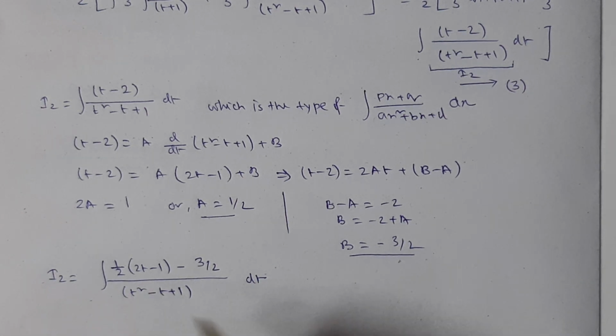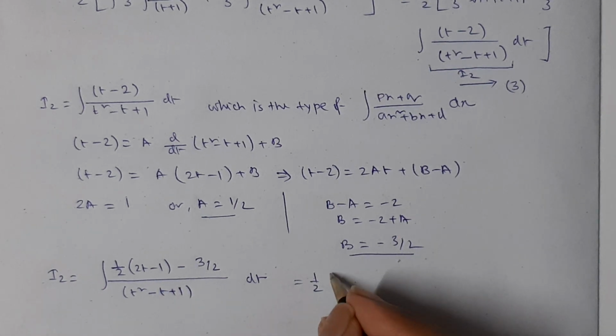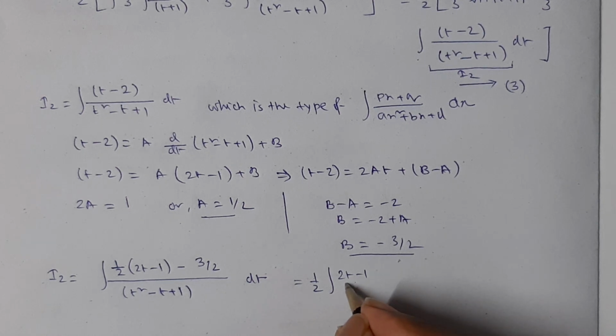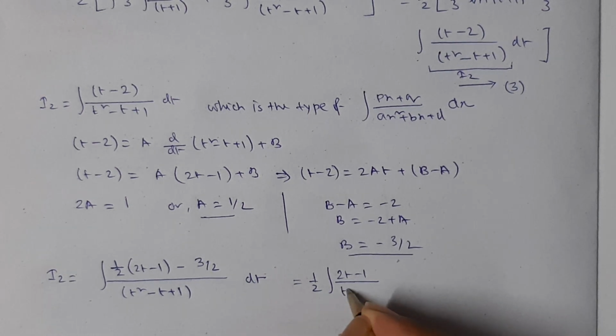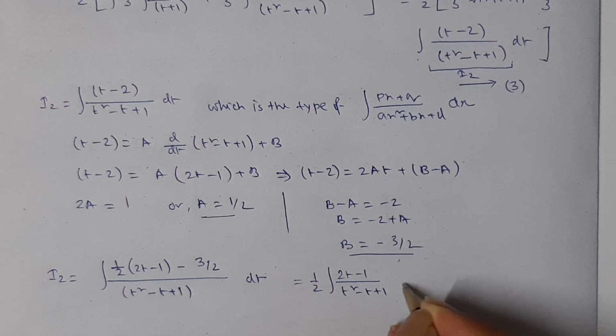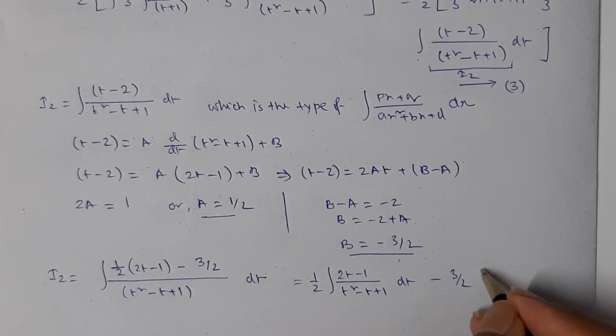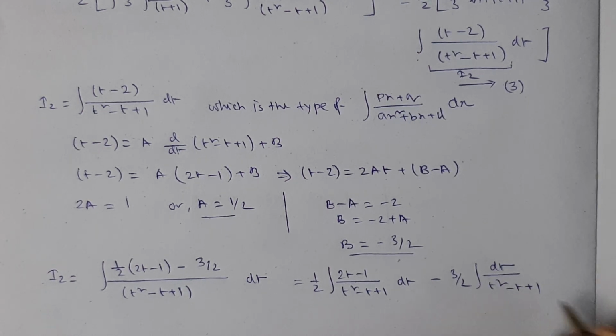So we can say that it will be half of (2t minus 1) by (t² minus t plus 1) dt minus 3 by 2 of dt by (t² minus t plus 1).